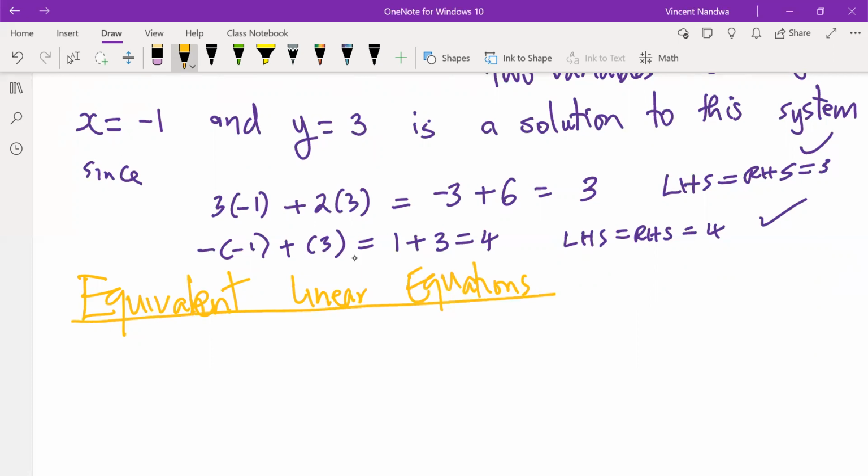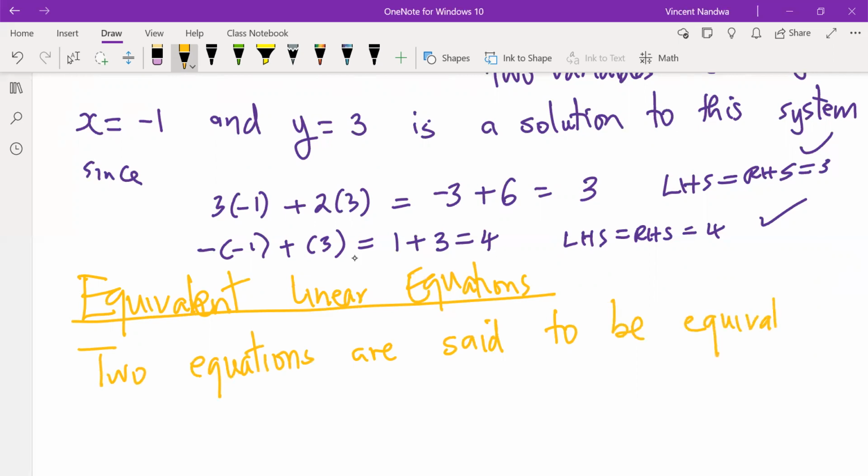Two equations are said to be equivalent if and only if they have exactly the same solution.